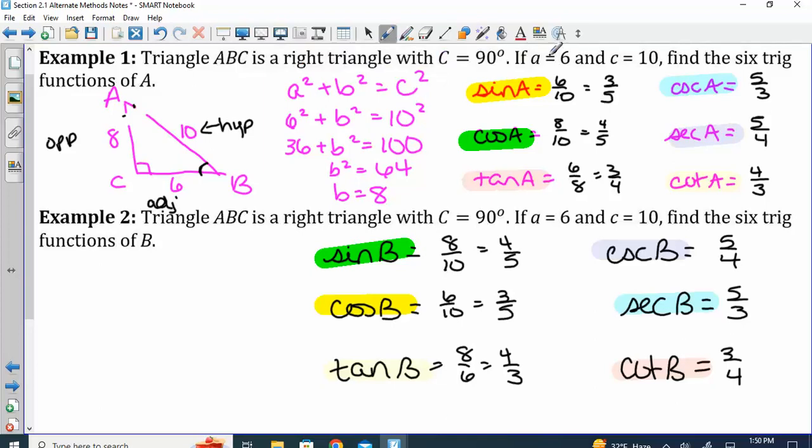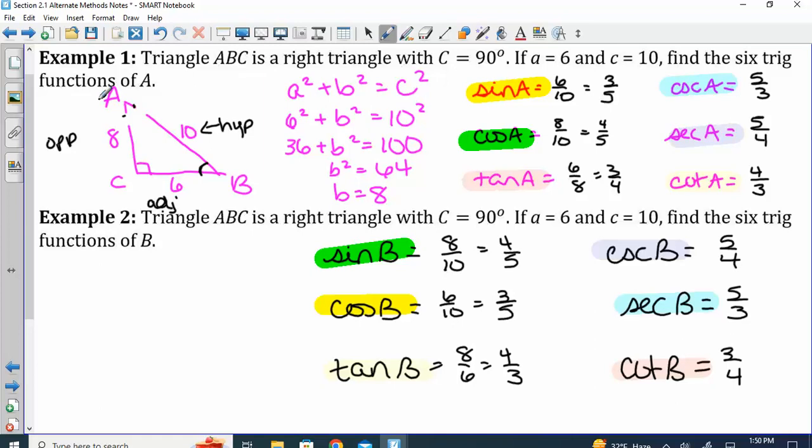What kind of angles are A and B? They're two acute angles. How would they be related to one another? They are complements. They have to add up to 90. So what we just found is that if the angles are complementary, sine of one equals cosine of the other.